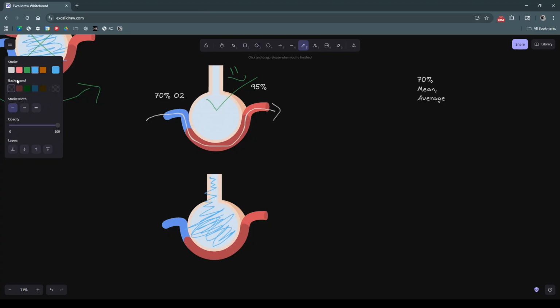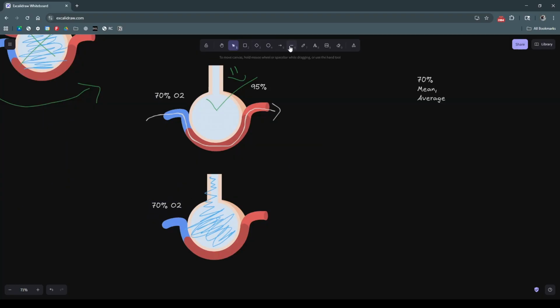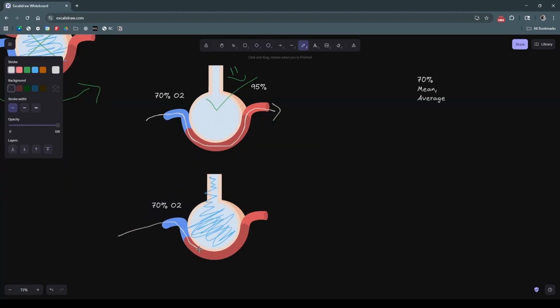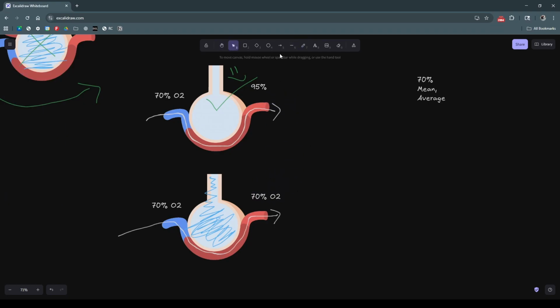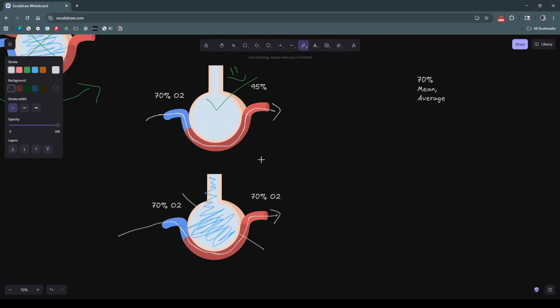If we're experiencing this shunting effect, we still have, give or take, 70% oxygen returning to our alveolus. But because it's saying, wait a second, I went all the way through this and came up with still 70%, it's just going to start shunting away from this. Essentially, it's not going to pick up any oxygen at all.